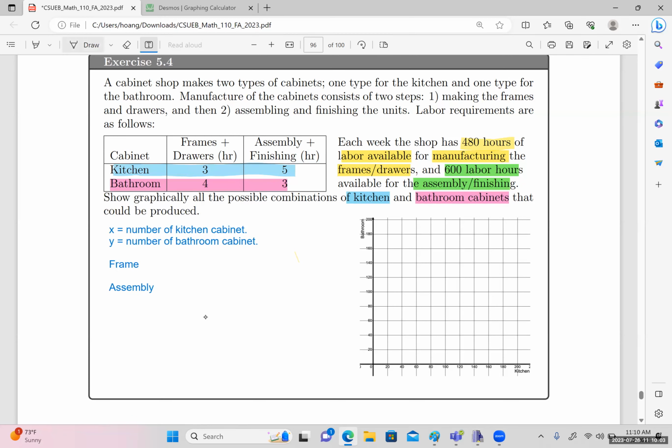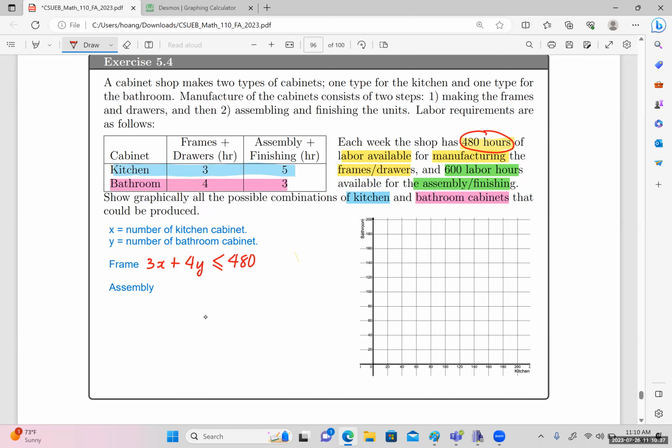Okay. So for frame will be 3x plus 4y. And we have only 480 hours available for that. Right.